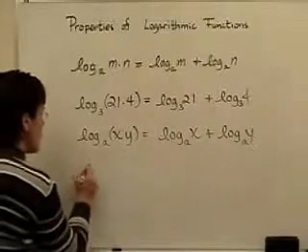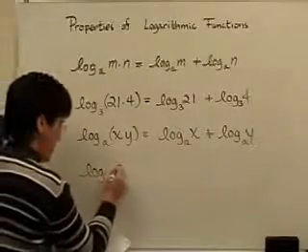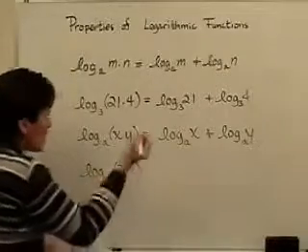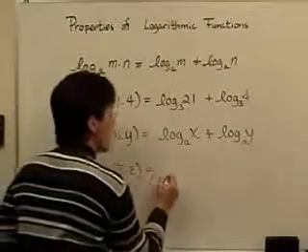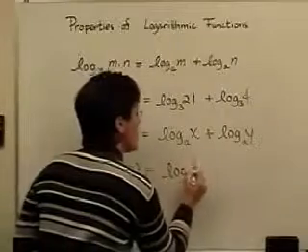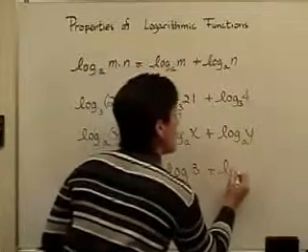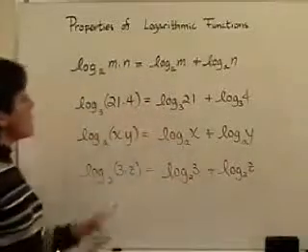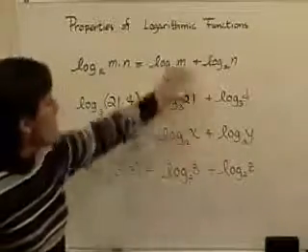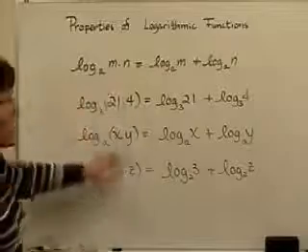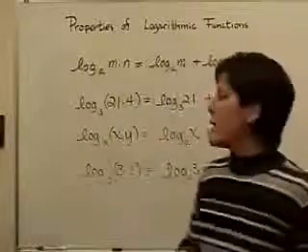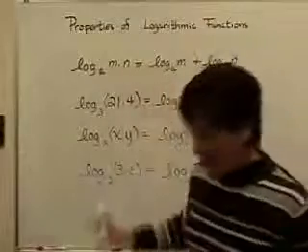And finally, another example, the log of 3 times z, where the base might be a 2, is going to be equal to the log of 3 plus the log of z, where the base is 2, and I have expressed these as the sum of logarithms, given that we were taking the logarithms of a product. I need to be able to use this property. I need to be able to go from one to the other.